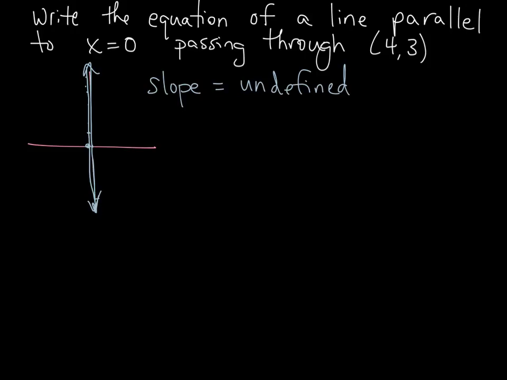So to actually do this, this takes less work because you just are simply looking for what is the x value. That's all you're doing. So in this case, my answer would be x equals 4. Done. That's parallel to this line because this line is going vertical, has a slope that's undefined. This has a slope that's undefined. We can graph it real quickly. 1, 2, 3, 4. Bam. There it is, going vertical. That's the equation of x equals 4.